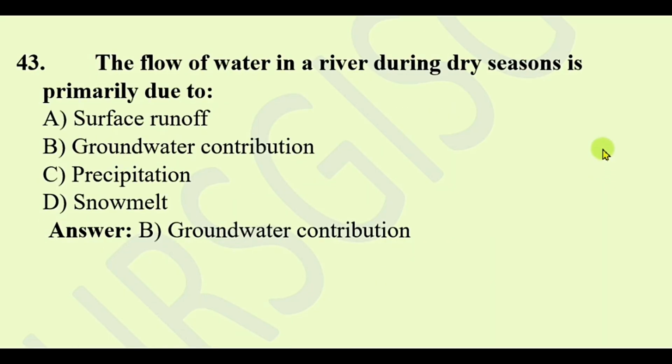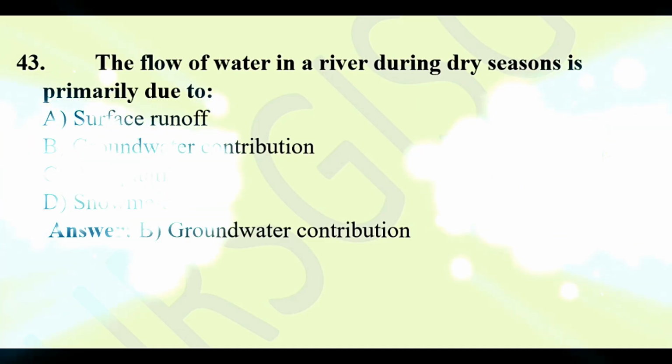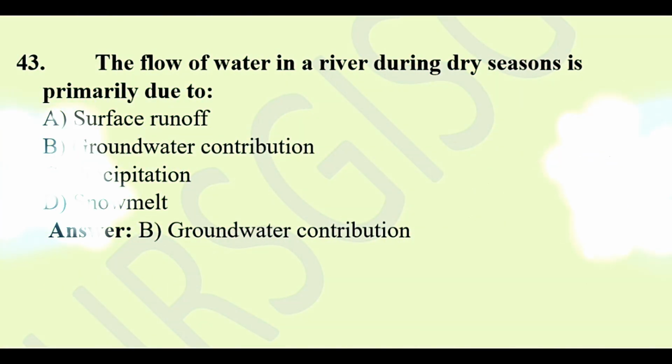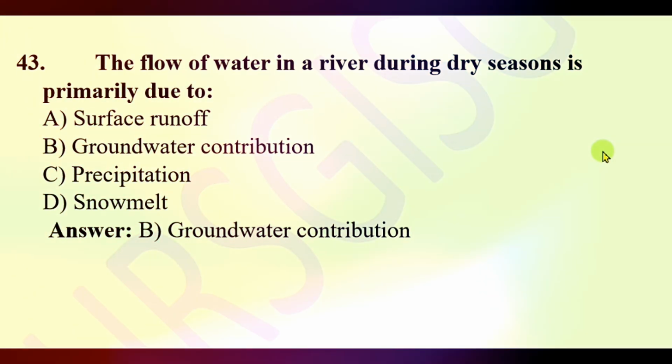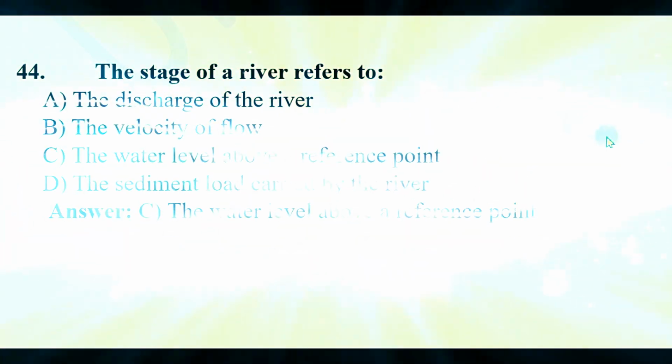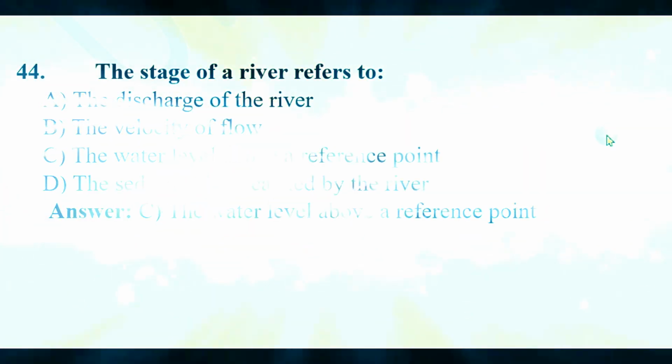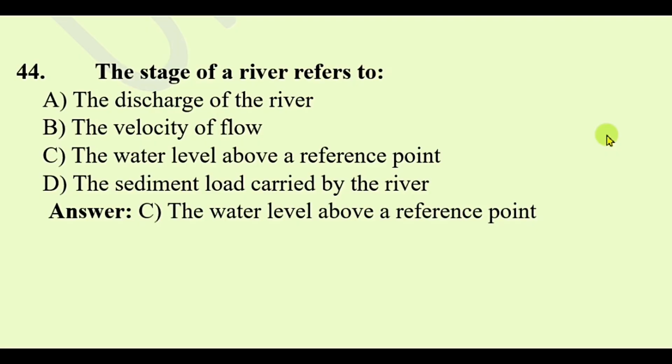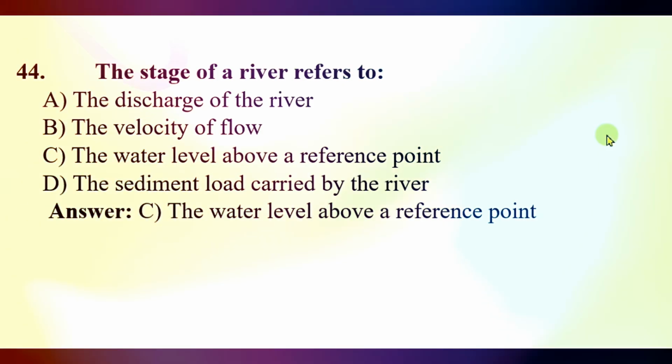Question 43. The flow of water in a river during dry seasons is primarily due to surface runoff, groundwater contribution, precipitation, snow melt. Here the right answer will be groundwater contribution. Question number 44. The stage of a river refers to the discharge of the river, the velocity of flow, the water level above a reference point, the sediment load carried by the river.